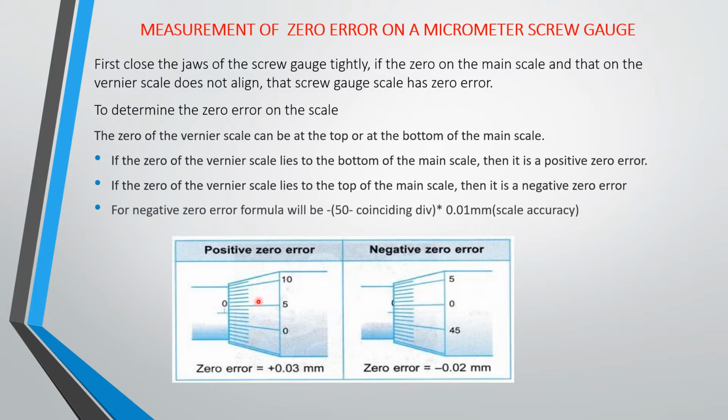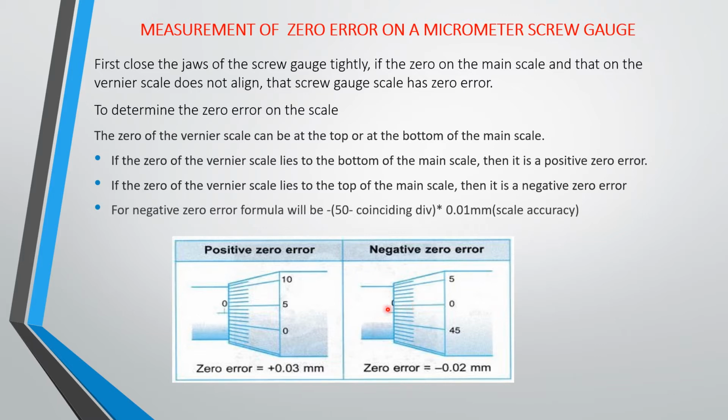In another case, if the zero on the vernier is to the top of the zero on the main scale, then the zero error will be negative. So just like we had in vernier caliper, for a micrometer screw gauge, you can have either a positive zero error or a negative zero error.